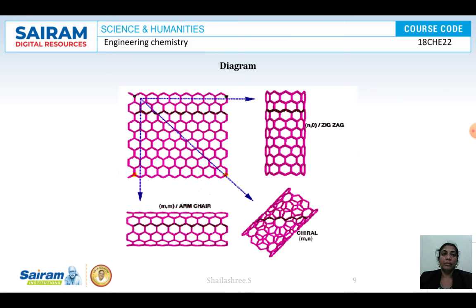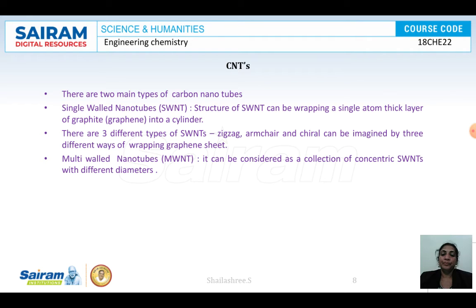Mainly there are two types of carbon nanotubes. The first one is single walled nanotubes and the other one is multi-walled nanotubes. Once again, there are three types of single walled nanotubes. They exist in three different forms: zigzag, armchair and chiral forms.